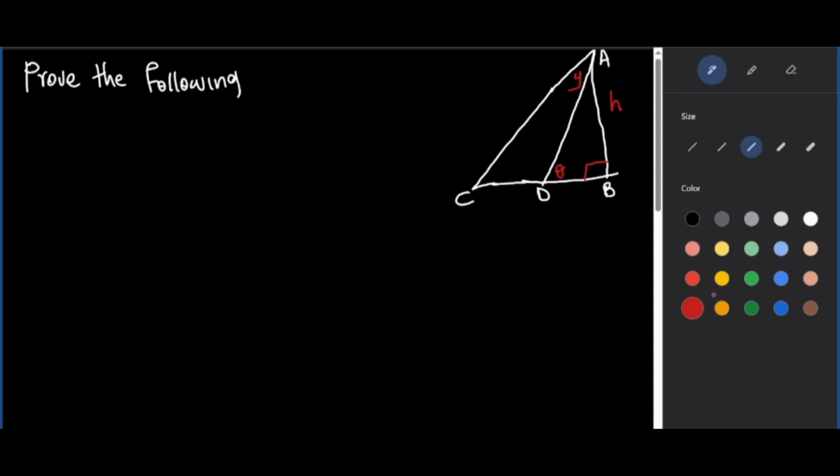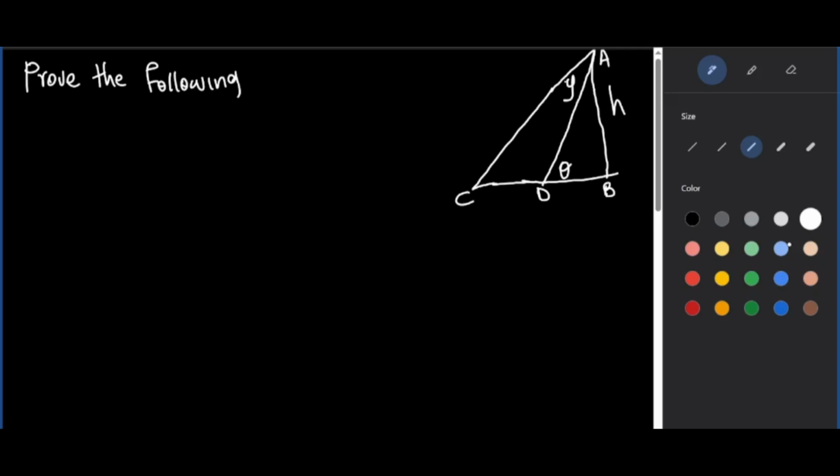Yes, I do. So this one is y, this is theta, and the height is h. This is the only information that you have on the diagram.